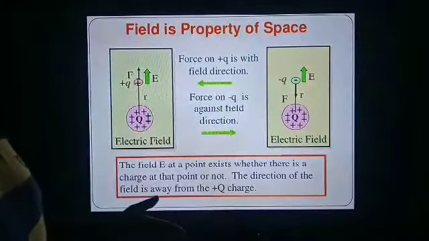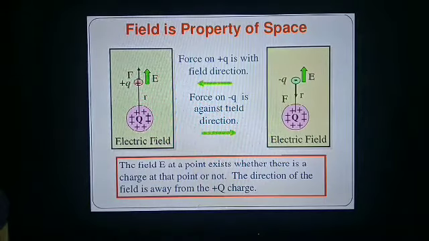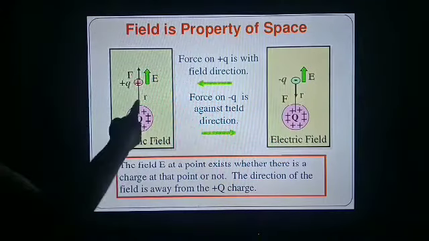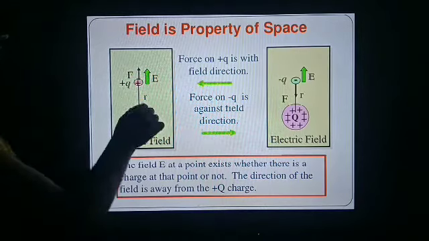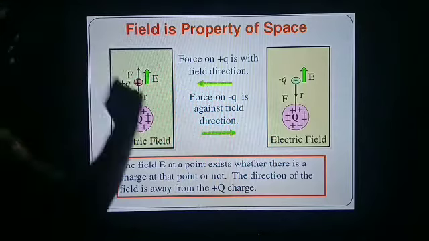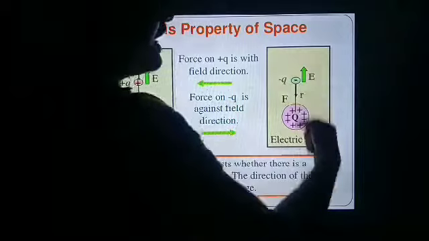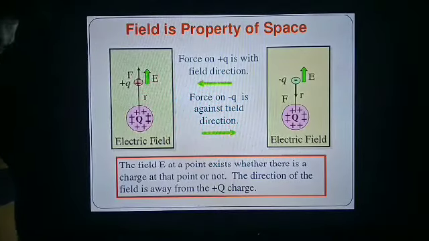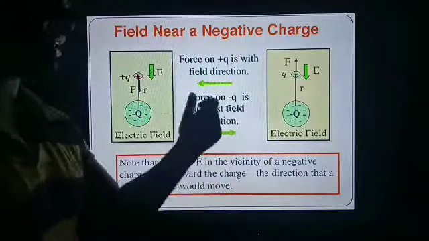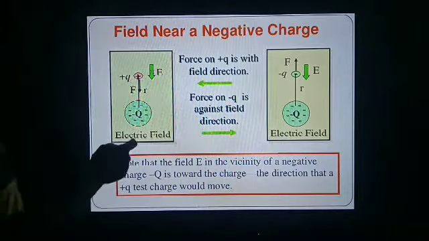So next topic, we will see the direction of electric field and the motion of positive charge and negative charge. Suppose that this is a positive charge. If we keep a positive charge here, then it will move in the direction of electric field. But negative charge will move towards the charge, means opposite direction of electric field. Similarly, if the electric field is due to the negative charge, then how the positive and negative charge will behave in that electric field?